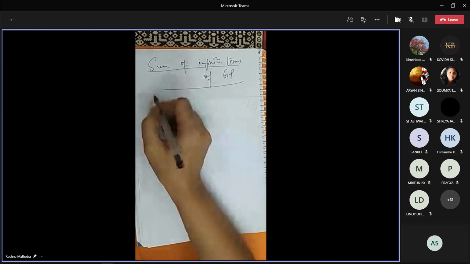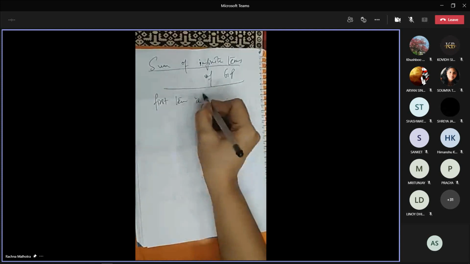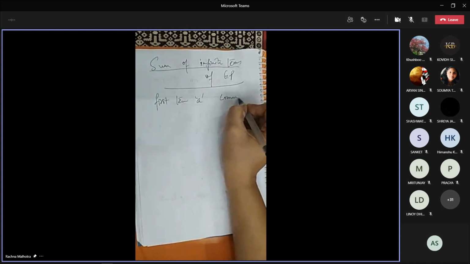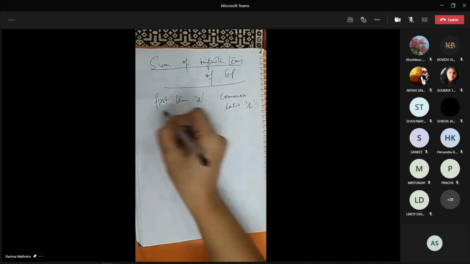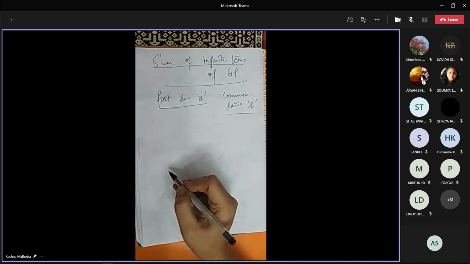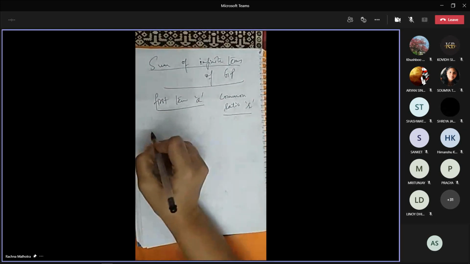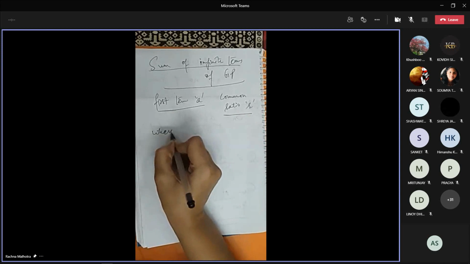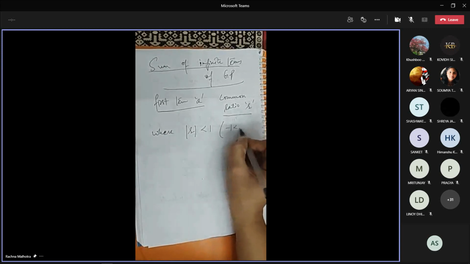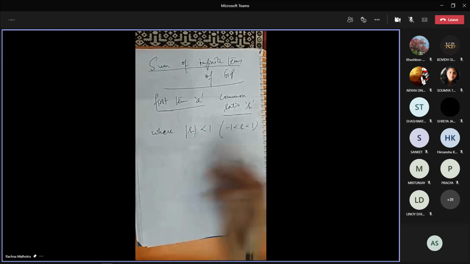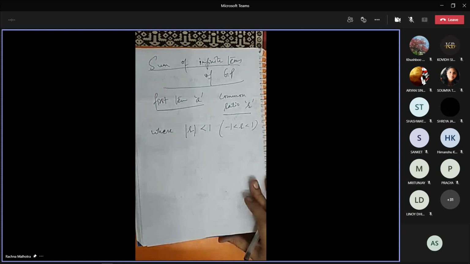First term is a, common ratio r, but the restriction is that mod r is less than 1. It means r must lie between minus 1 and 1. Only in that case can we find the sum to infinite terms of GP.